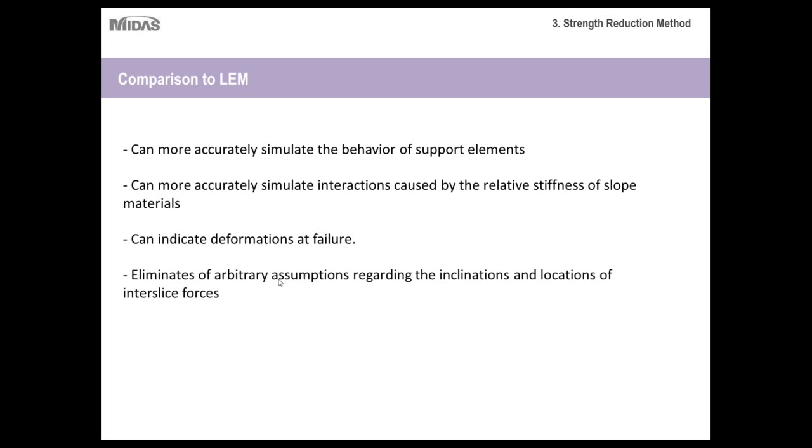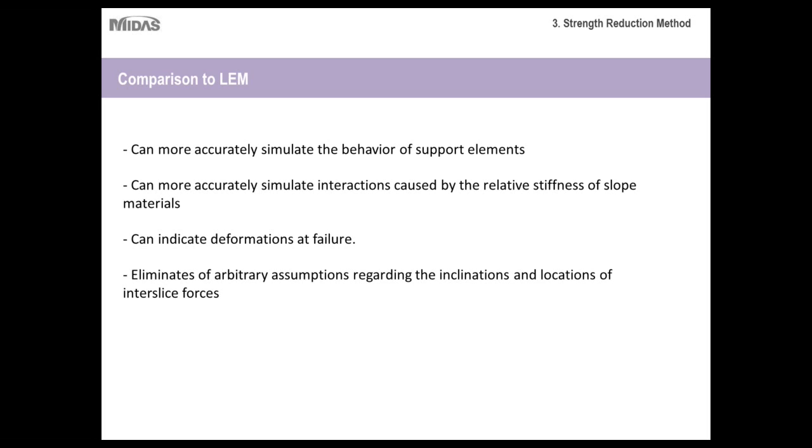And then it eliminates arbitrary assumptions regarding the inclinations and locations of interslice forces. Once again, with the limit equilibrium method, you're making various assumptions that might lead to results that may not be what you'd want.